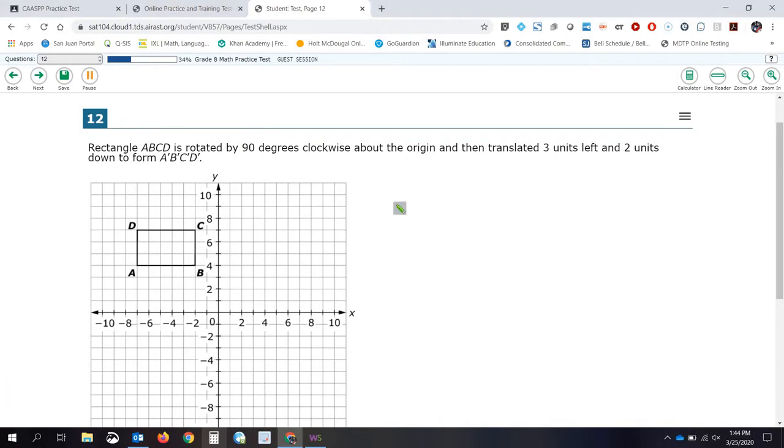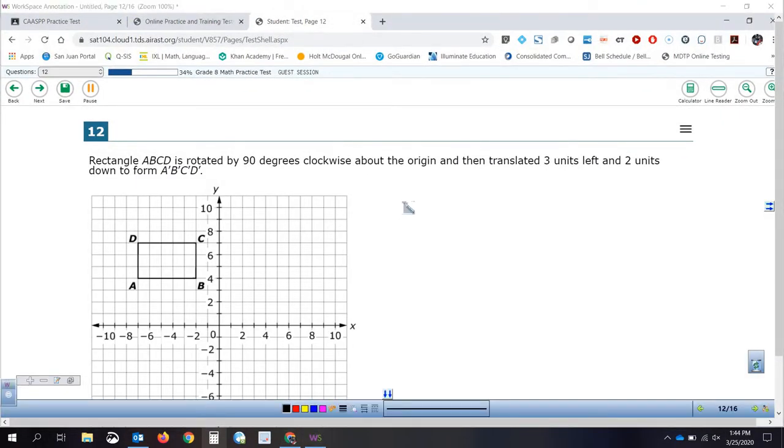Now, one of the things that you should have learned or should be learning in 8th grade math is those transformations that I mentioned. We usually do translations first.